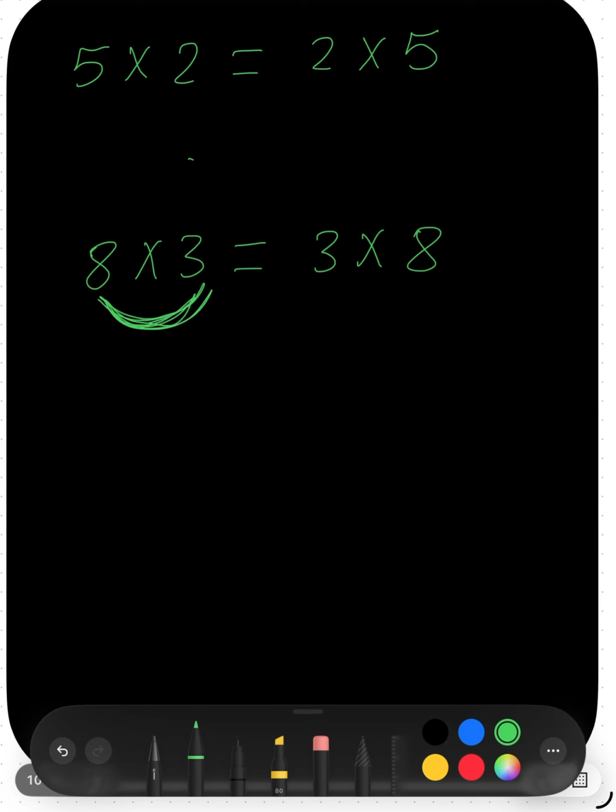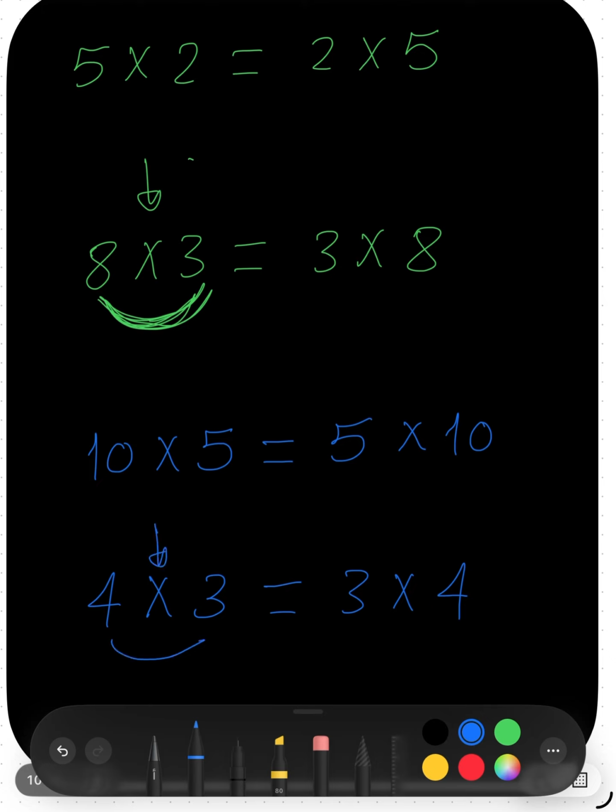Another example, 8 times 3 is the same as 3 times 8. 10 times 5 is the same as 5 times 10. 4 times 3 is the same as 3 times 4. Again, when we change the two numbers in multiplication, the result will be the same.